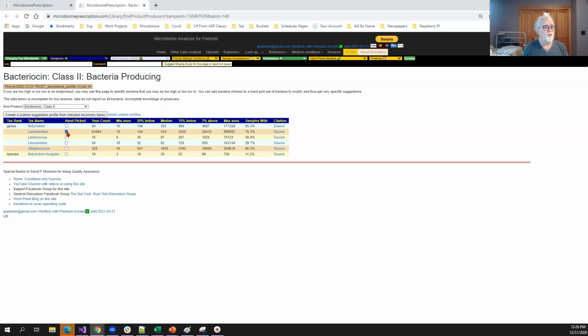What is particularly interesting is that we don't have any particular breakdown as to which Lactobacillus, but Lactobacillus at a genus level is abnormally high. If you look at the numbers here, it is above the 93rd percentile, and not everybody has it, so it is a very high amount.